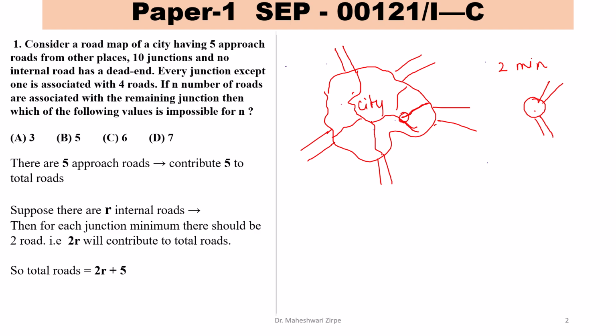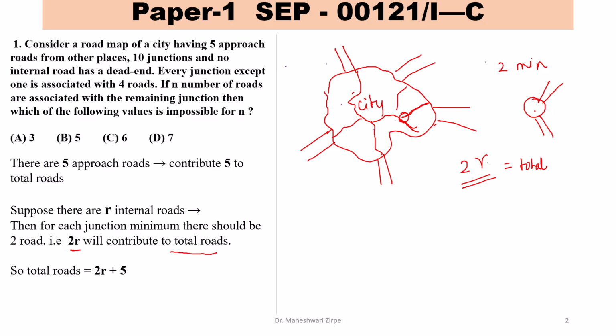That means if R number of roads are there, that becomes 2R. This 2R will contribute to the total roads. So let us consider R as the internal roads. Then at each junction there should be a minimum of 2 roads, so 2R will be contributed to the total roads, correct?